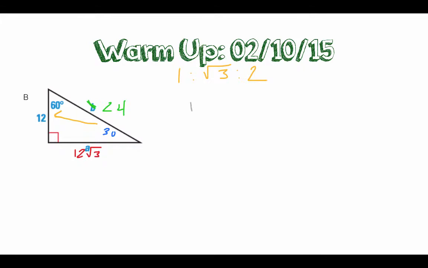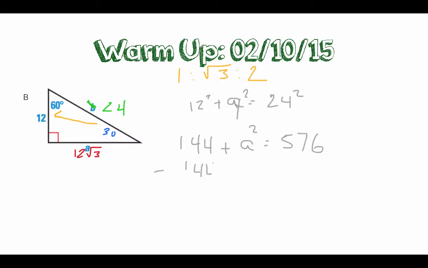All right, so I get 12 squared plus y squared, or a squared in this one, equals 24 squared. Once I have that set up, I know 144 plus a squared equals 24 squared. 24 squared is 576.